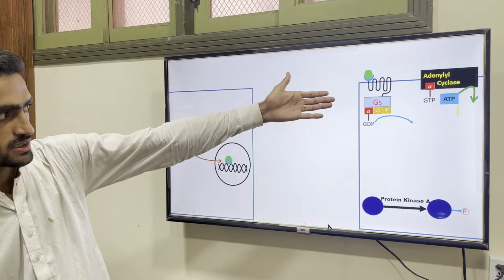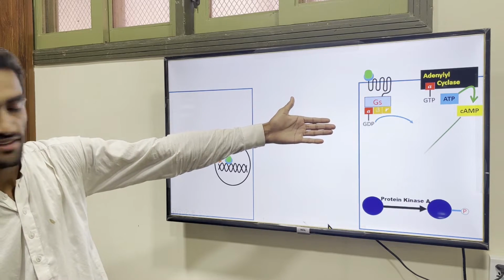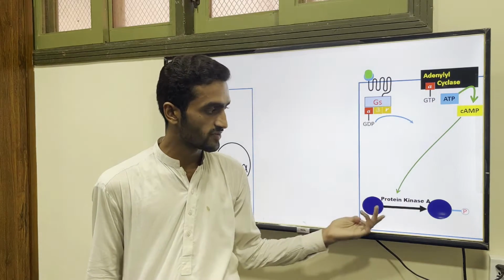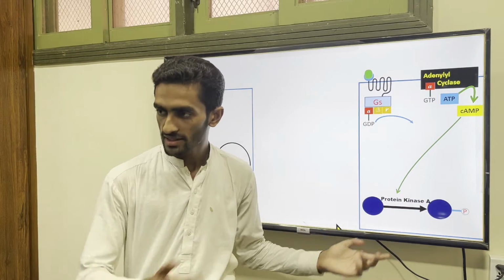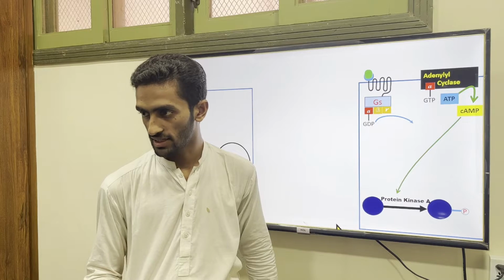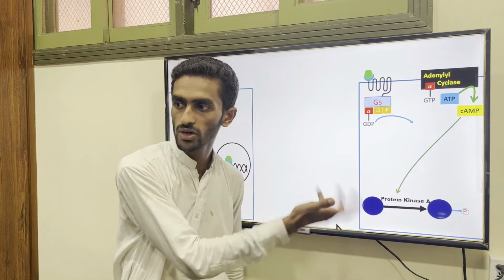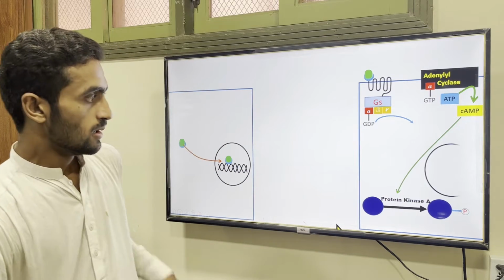When they activate the second messenger, which here is cyclic AMP, it causes phosphorylation here. So they are trying to modify the enzyme function. Already here gene transcription occurs, while here only modification is occurring.